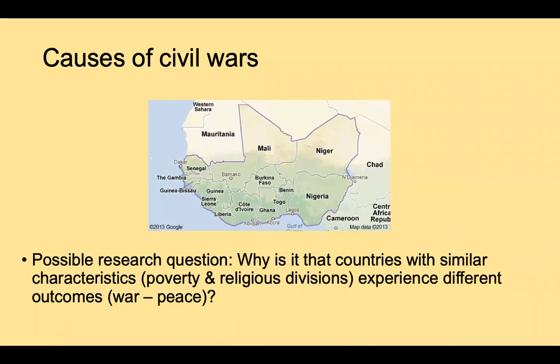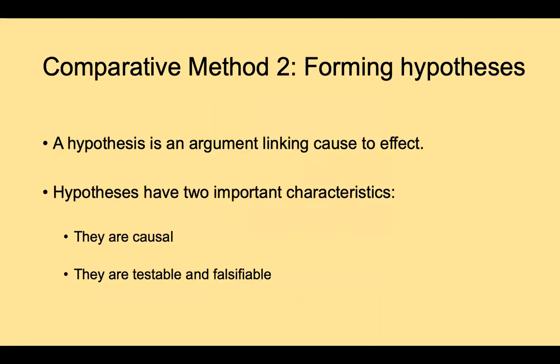So we've got this next question, this question of civil war. And the second method is now what we'll discuss, because after we ask questions, we've got to begin to form hypotheses. The formation of hypotheses is an important step, obviously, because this is where we begin to consider the possible explanations of the outcome of interest that we've identified.